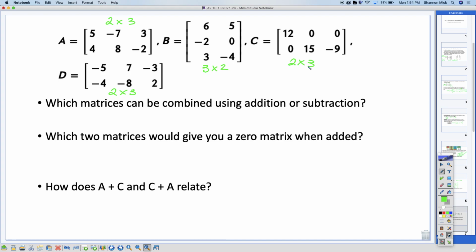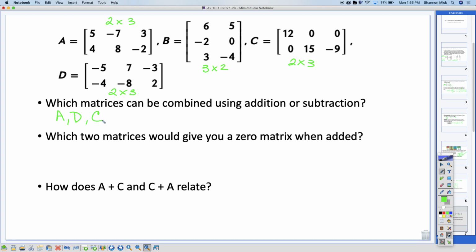Yes, it does. So I could add or subtract A, D, and C, yes? Could I subtract A and D and then add C to my answer? Yes.